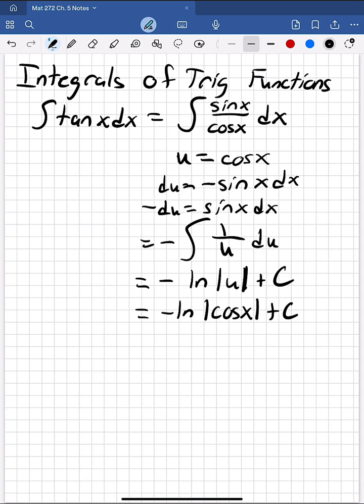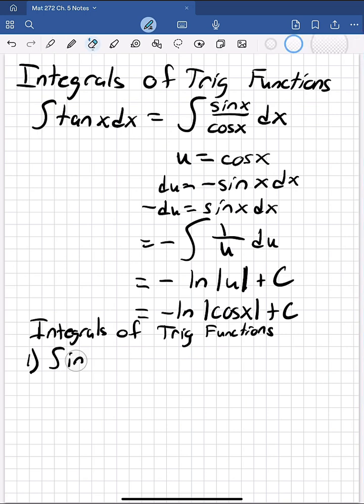But I'm just going to show you what they are. So the integrals of the trig functions, and these are the 6 basic ones. So we have the integral of sine, and I'm going to use u instead of x for these, just so that you know it's like a generic form.